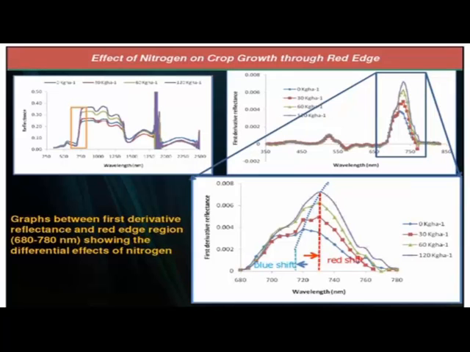That red edge value changes significantly from one treated plant to another, from 0 to 120 kg, and they are directly proportional. That means if the plant is healthy with respect to nitrogen, the red edge value will be higher, the gradient will be high, and the change in reflectance with respect to wavelength will be very high.